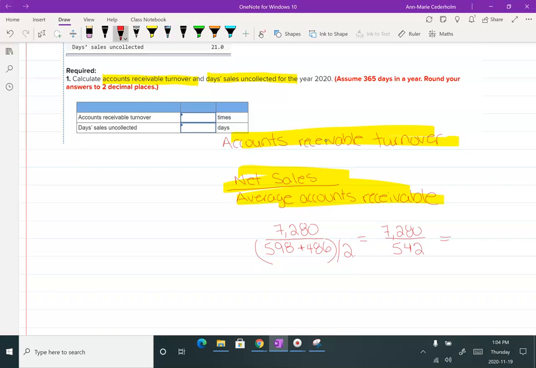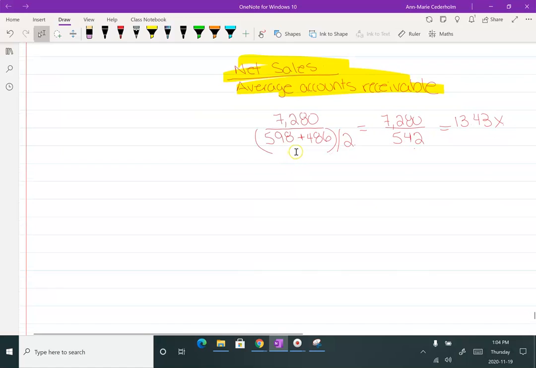So now if you take 7280 and divide that by 542, you get 13.43 times. Now let's just compare this to industry. So if I have my accounts receivable turnover, and I'll just say us and industry.